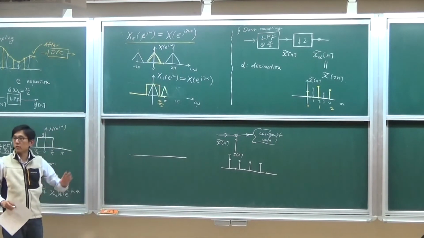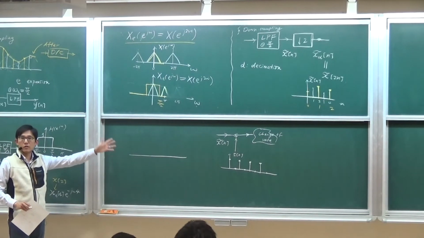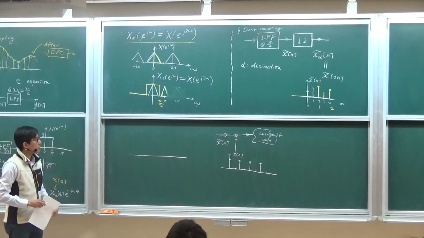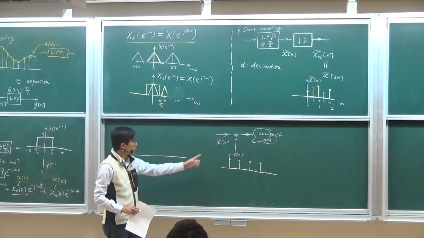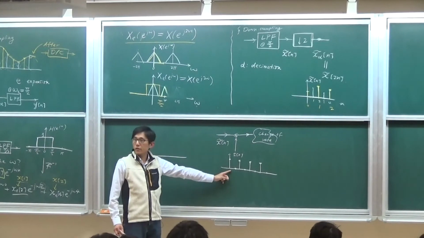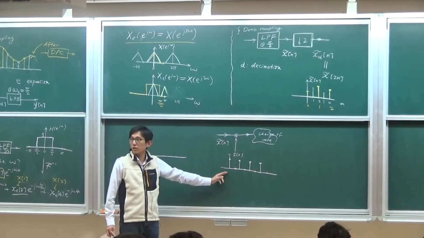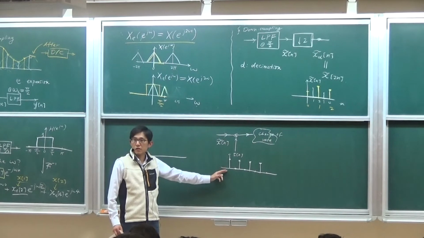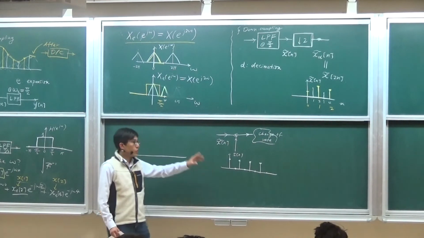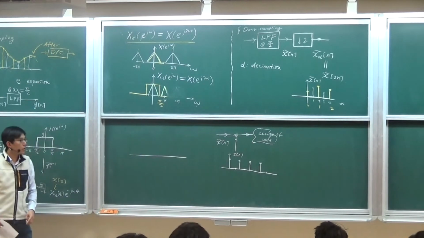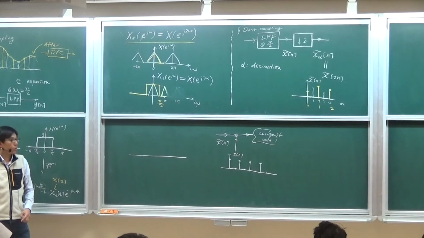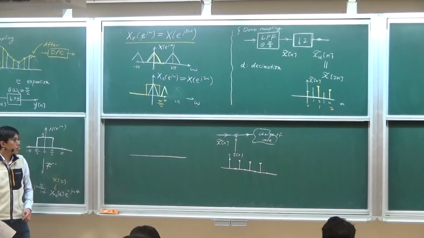So now asking the question, what would happen in the frequency domain when we multiply our signal with this kind of selection function? We are selecting points and ignoring points. When we multiply two signals in the time domain, what happens in the frequency domain is convolution.